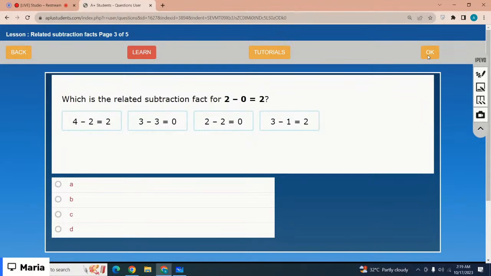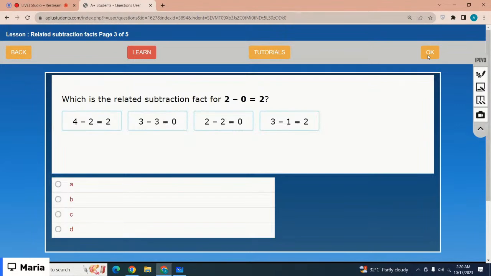Which is the correct option? The correct option is option number C.